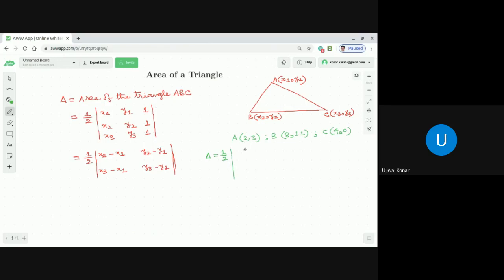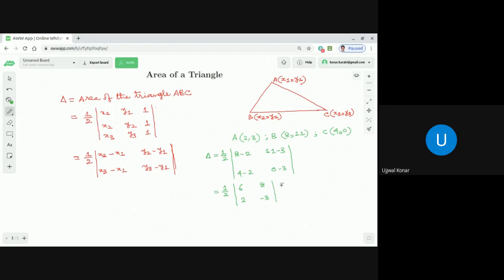So x2 minus x1, x2 is the x coordinate of the point B, so that means 8 minus 2, and y2 minus y1, that means 11 minus 3, divided by x3 minus x1, that is 4 minus 2, and y3 minus y1, that is 0 minus 3. So this is equal to what, dear students? 1 by 2 into 6, here it is 8, here it is 2, and here it is minus 3.